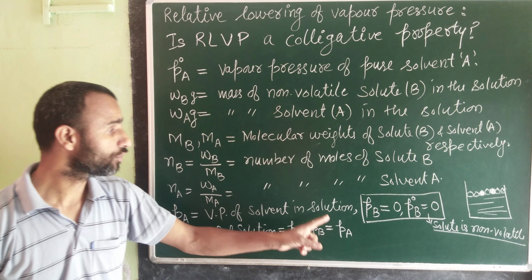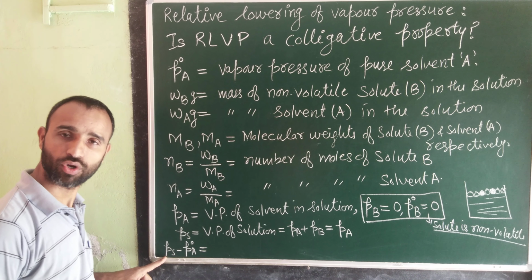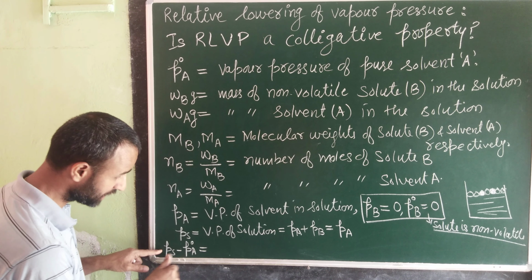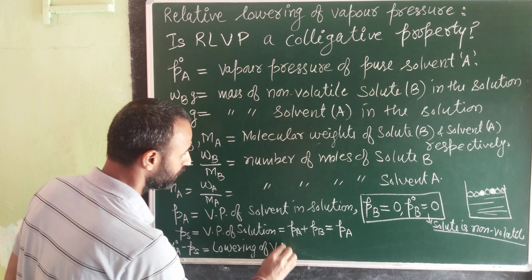Okay, now P naught A is vapor pressure of pure solvent, PS is vapor pressure of solution. So difference, because PS is less than P naught A, P naught A minus PS is equal to lowering of vapor pressure.